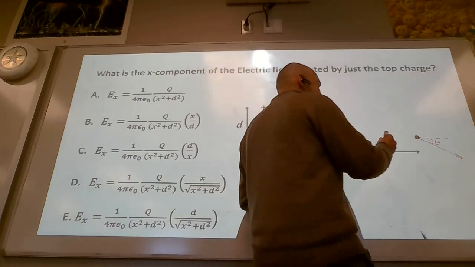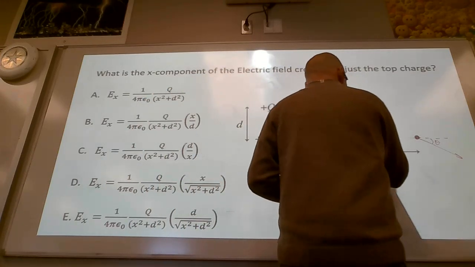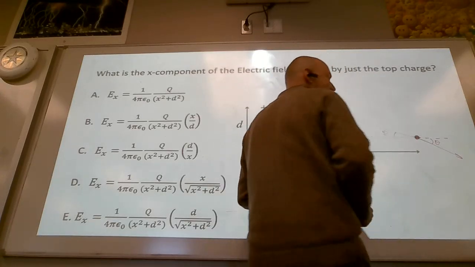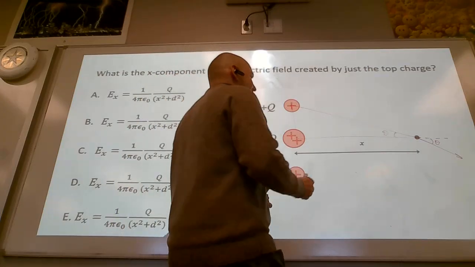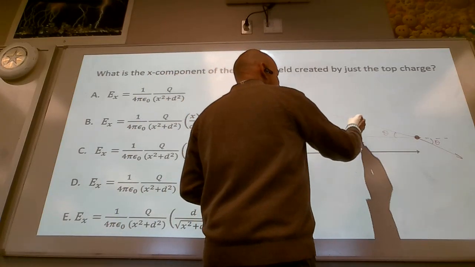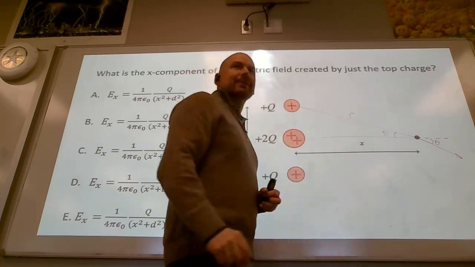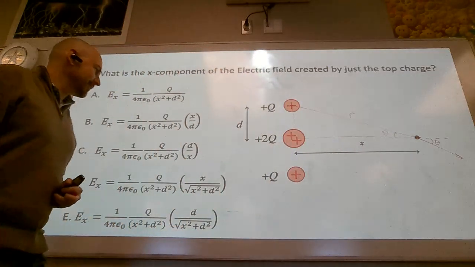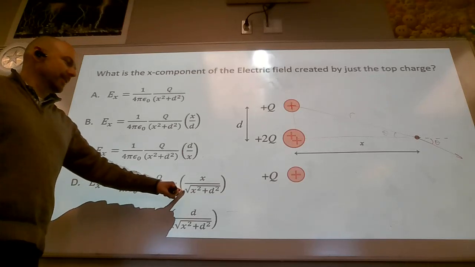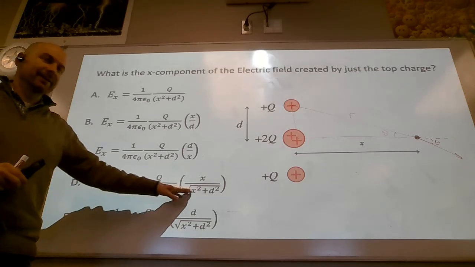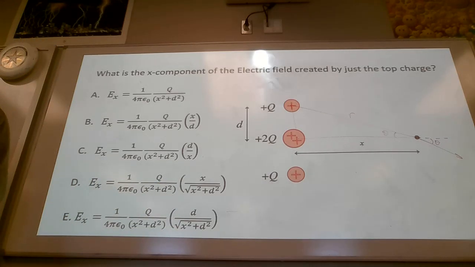So then we have to think, all right, how do we do that? Well, this angle's that angle, and cosine is adjacent over hypotenuse, and hypotenuse, well, we established that to be that. So this is cosine.